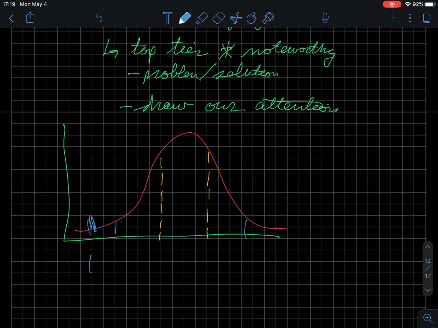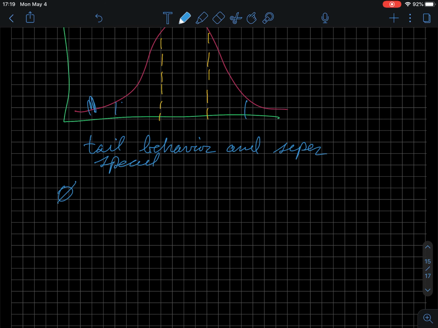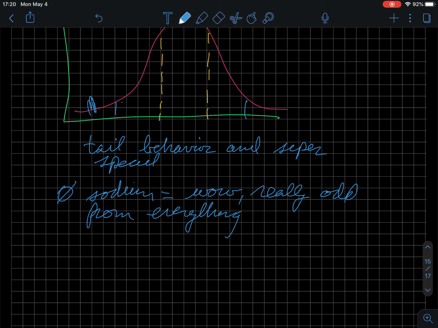So this is tail behavior, and super special. When we think about the 0 sodium in this example, it's like, wow, really odd from everything else. Something is up with that brand of cereal.